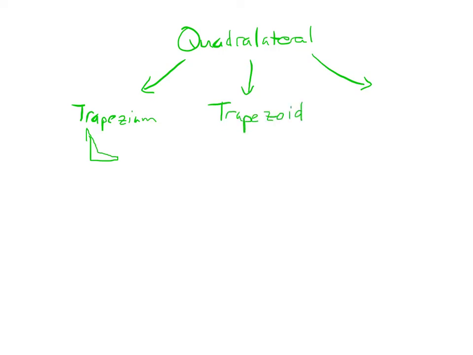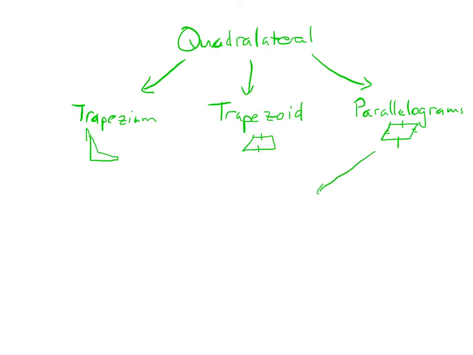We can have trapezoids, where we only have one pair of parallel sides, and then we have the parallelograms, two pairs of parallel sides.